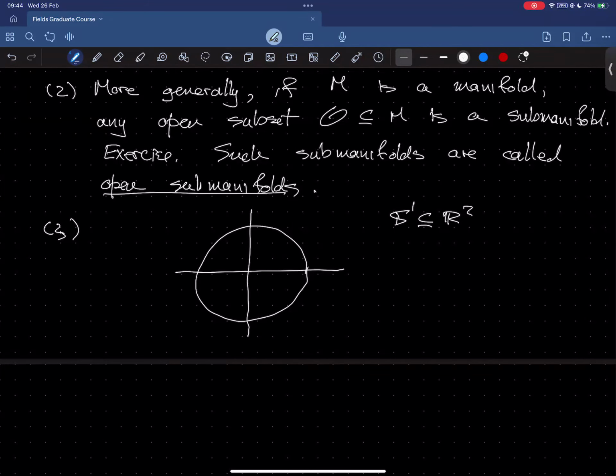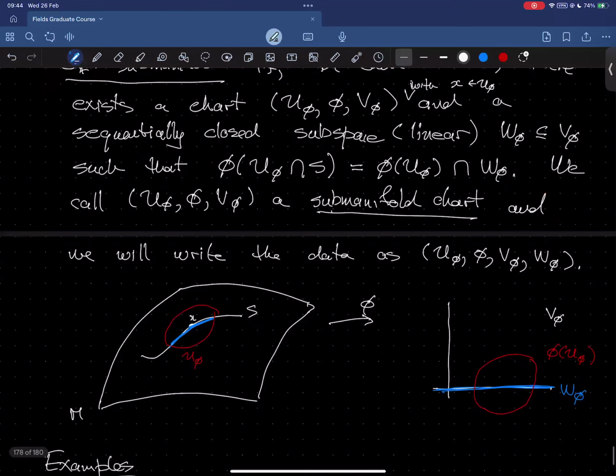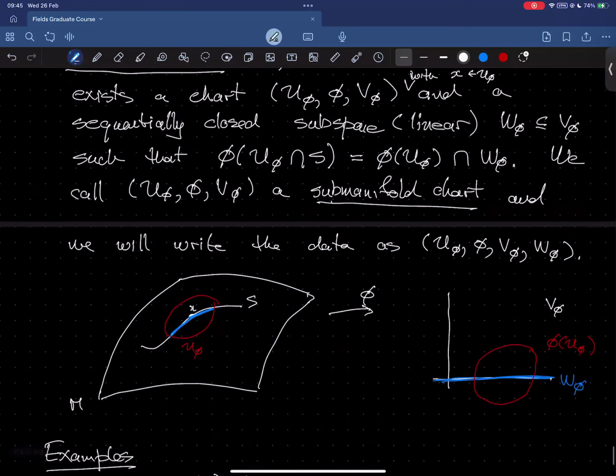So the definition is you want to find a particular kind of chart, okay, which flattens out your submanifold into some subspace of the model space. Okay.